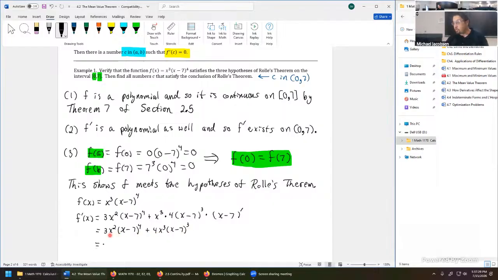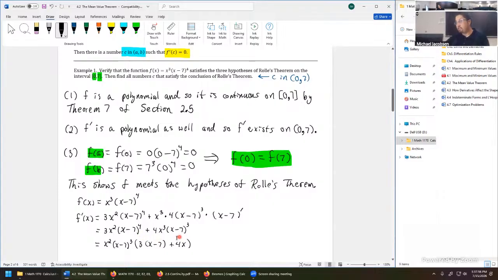We can factor out an x squared. We can factor out (x minus 7) to as high as the 3rd power. When we factor those out, that's going to leave 3 times (x minus 7) to power 1, so just x minus 7. Here we'll get plus 4 times x is all that's remaining after factoring.